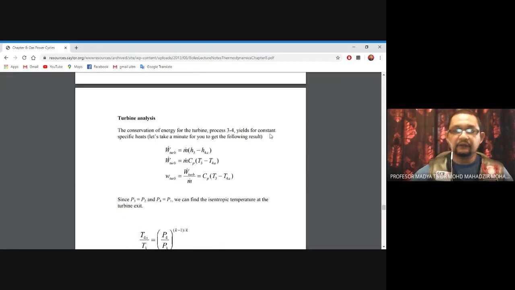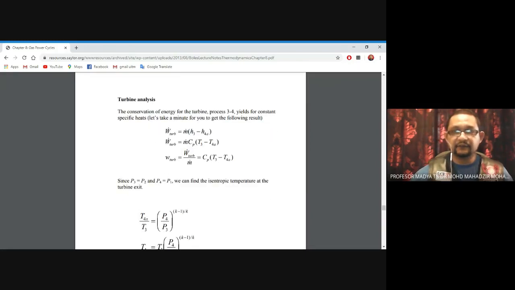Okay, we go for the turbine analysis. For the turbine analysis, you also have to do like the previous one for the compressor, because again in the question it says it has an efficiency for the turbine. So you have to find the actual value for the turbine.